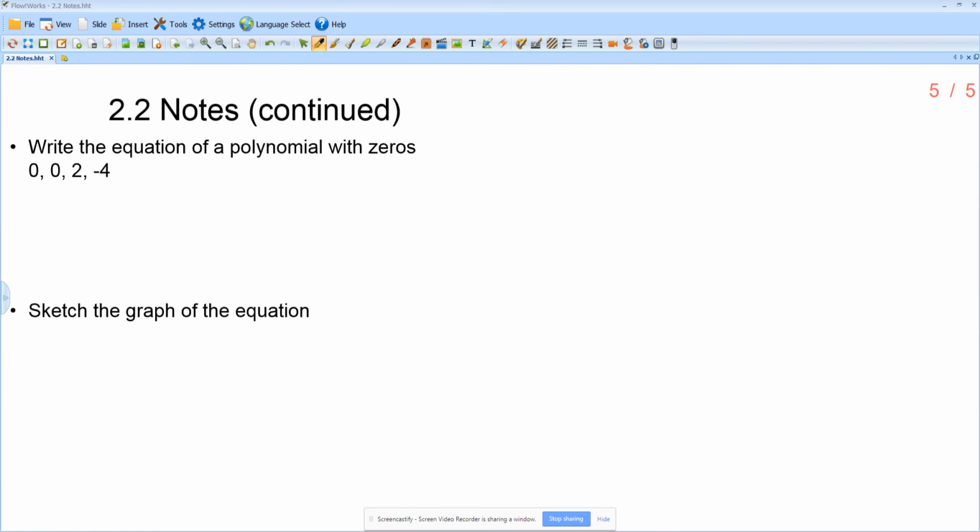Write the equation of a polynomial with zeros 0, 0, 2, and negative 4. Notice this 0, 0 is telling me that there's a double 0, which is telling me the degree of the factor. So I'll do the easier ones first. 2 means we have x minus 2, because that would zero this out.